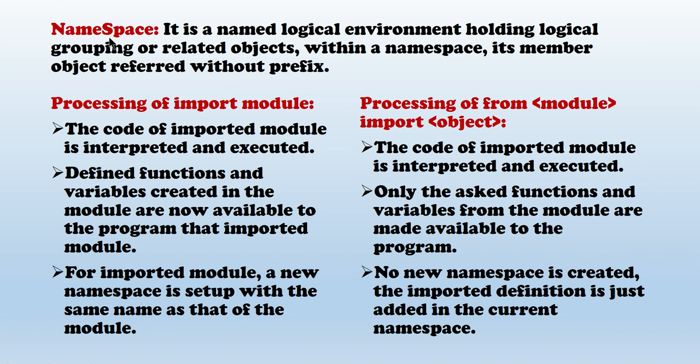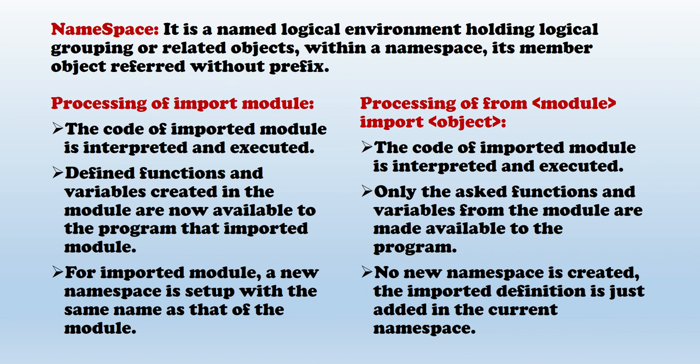How you can understand a namespace is that when you write any Python program, it will create a space, a memory, which contains all the objects and variables of that particular program. In that namespace, you are trying to import another module.